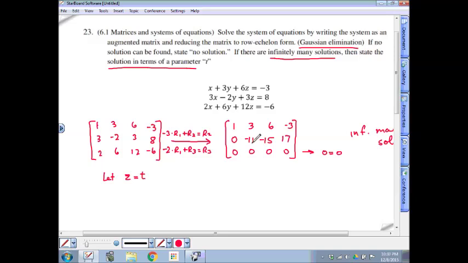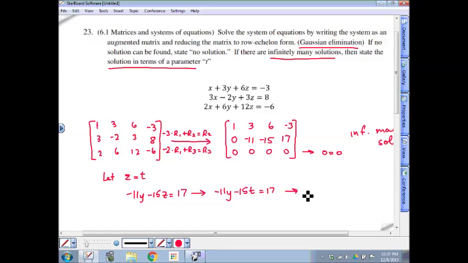And then we've got to find the value of y. Y can be found from this middle row of the matrix. Negative 11y minus 15z is equal to 17. But we know that z is now equal to t, so this is negative 11y minus 15t equals 17. We already know that t is equal to z, so we don't need to solve for t again, we need to solve for y.